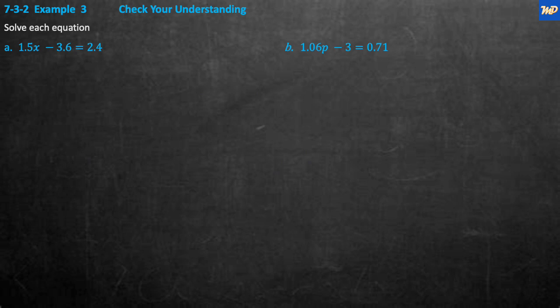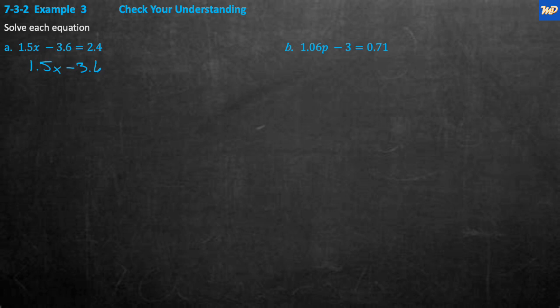Okay, let's do a couple more problems to check our understanding, so we can see we have a clear understanding of how to do these. So it starts off 1.5x minus 3.6 equals 2.4. I'm going to just go ahead and move it right now to the other side.